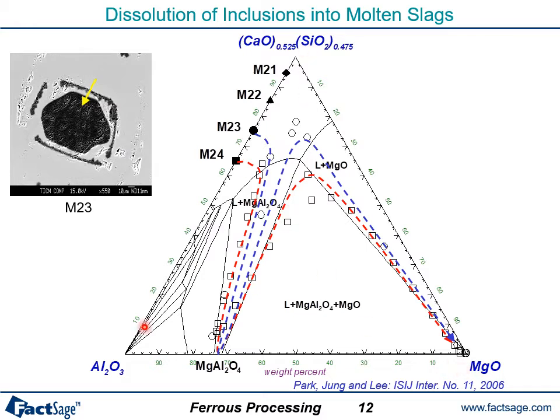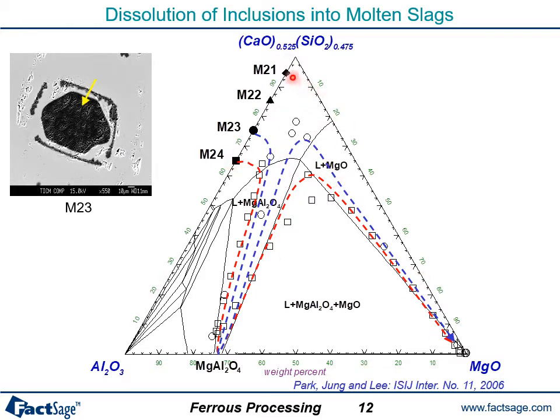So this kind of phase diagram, the isothermal phase diagram, is based on the slag composition with the inclusion MgO particle. If you plot those 4 slag compositions from M21 to M24, they are located at these positions.